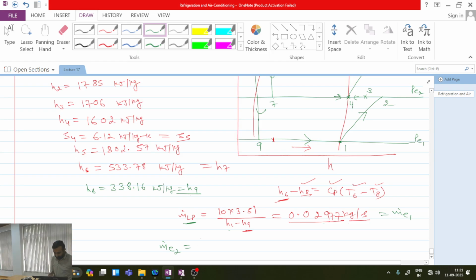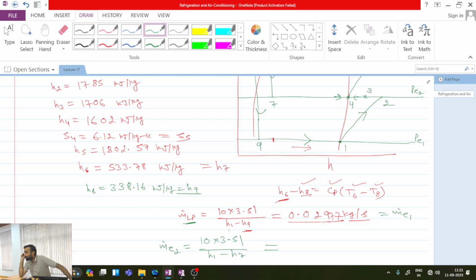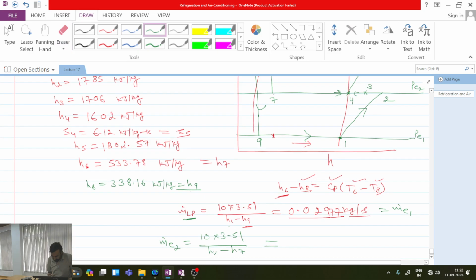So m dot E2 will be 10 into 3.51 divided by H4 minus H7, and H7 is equal to H6. How much is this mass, m dot E2? Please tell me. Oh, sorry, I wrote H1 here. It is H4 minus H7.